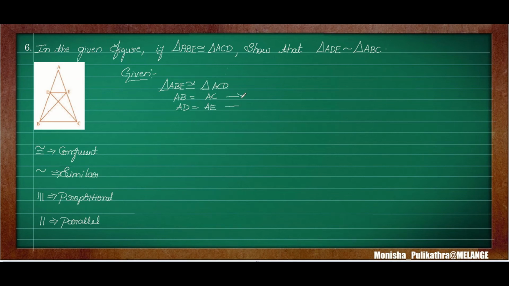So this is by CPCT. You write down CPCT equation 1 and CPCT equation 2. What does CPCT mean? CPCT means corresponding parts of congruent triangles.